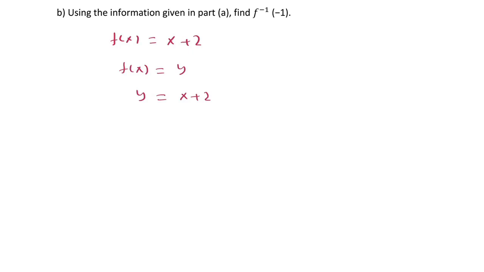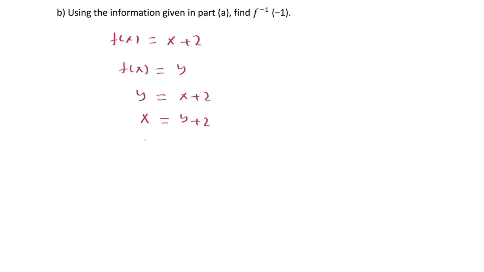Okay, so to find the inverse of a function, first we are going to interchange the variables x and y. Thereafter we are going to make y the subject. Then doing that, we are going to have x equals y plus 2. Okay, so now let us make y the subject.